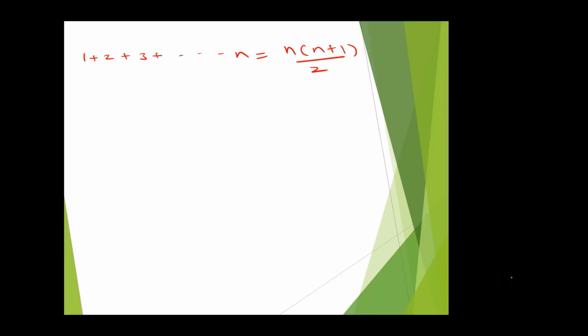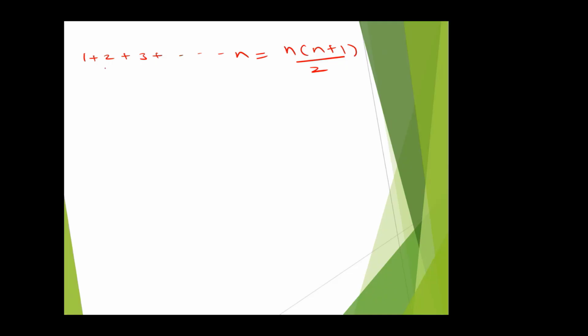Now, how are we going to use this in terms of calculating time complexity? You will see that there are some loops where every time it will print. So let's say first time the loop prints once. Second time it prints twice. Third time it prints thrice. Fourth time it prints 4 times.